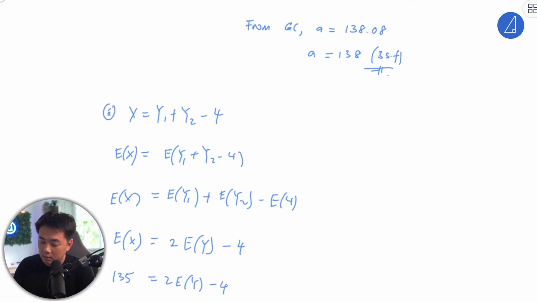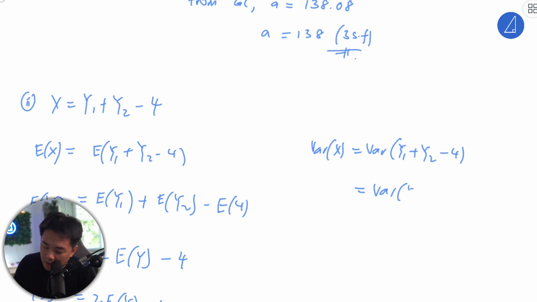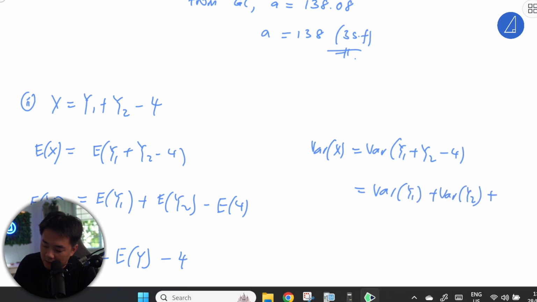Then for variance of Y, same thing. We just take the variance of the entire thing. Variance of X will be variance of Y1 plus Y2 minus 4, which is variance Y1 plus variance Y2. Variance of 4 is just 0, a constant.